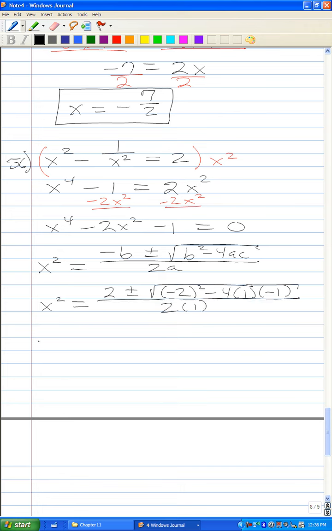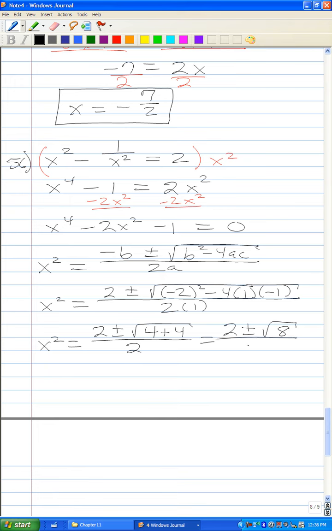So x squared equals 2 plus or minus the square root. Negative 2 squared is 4. Negative 4 times 1 times negative 1 is positive 4, all over 2. And so 4 plus 4 is 8.